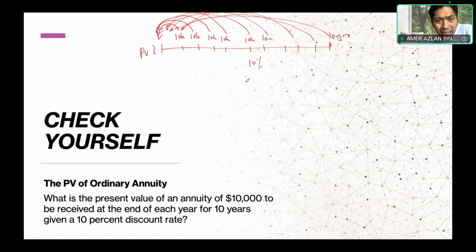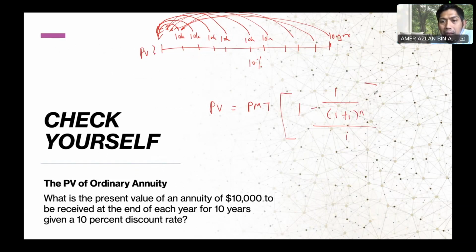That is the question. So to calculate the present value of ordinary annuity, okay, we use the formula just now. 1 minus 1 over 1 plus I to the power n divided by I. So we know the PMT is 10,000. 1 plus I, the interest rate is 10%, so should be 1.10.